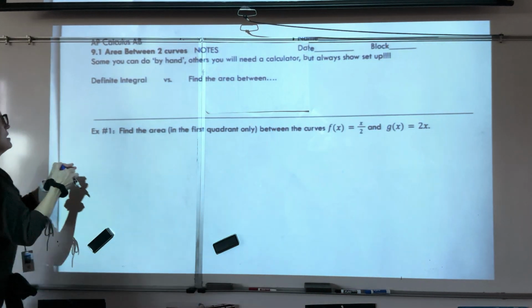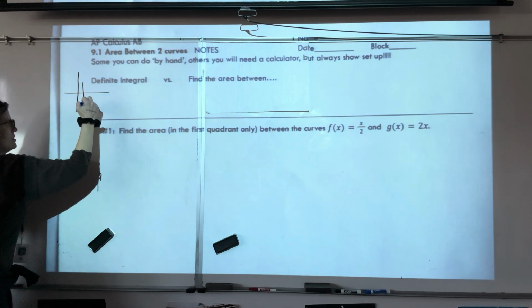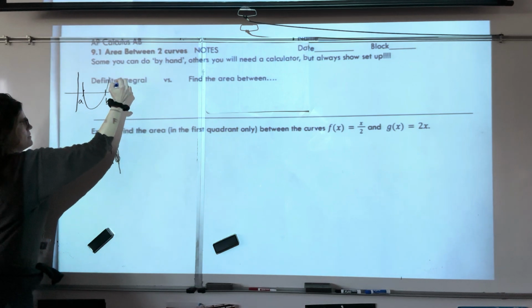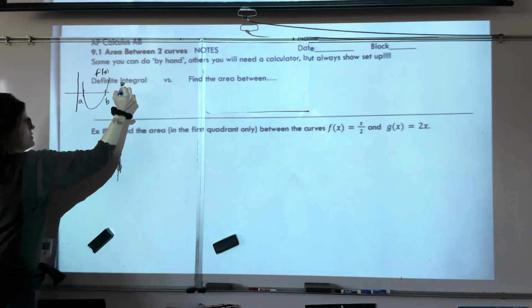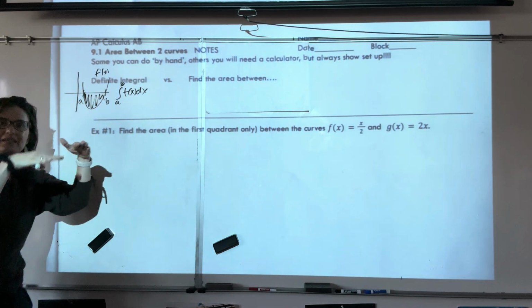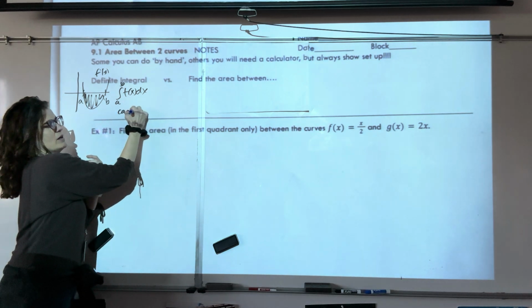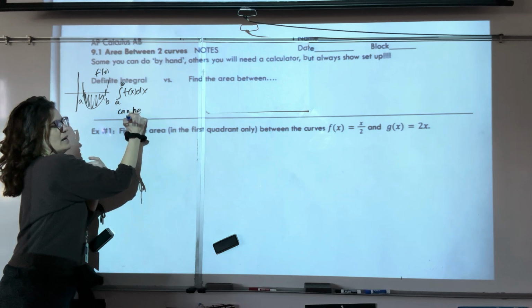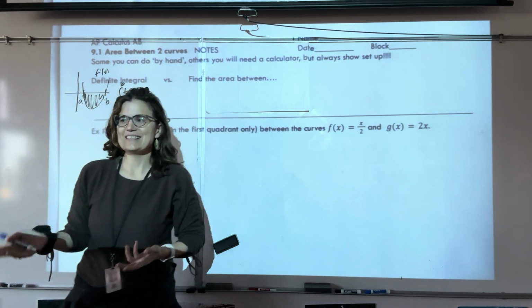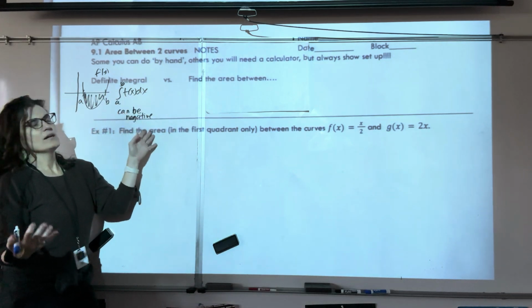I know it's been a while, but if I have this function here from a to b, and I take the integral from a to b along f of x, am I going to get a positive or a negative out of this? Negative, right? It'd be beneath the x-axis. So a definite integral can be negative, similar to displacement. Displacement can be negative, versus distance, which can't be negative.